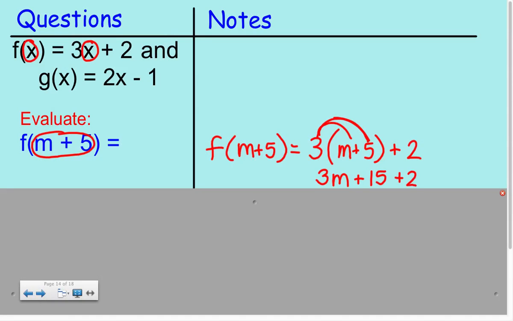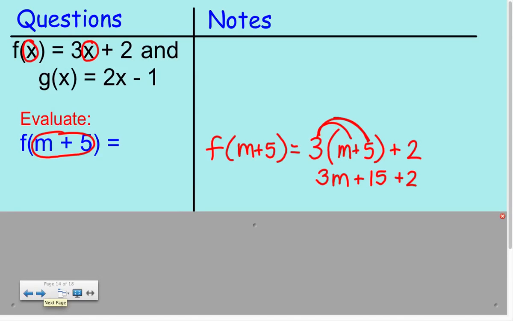Now we're not done. We have one more step. There are 2 things we can combine in this problem. The 15 and the 2 are like terms. The 3m has to stay by itself because it has an m next to it. So 3m, and then if I combine 15 and 2, I get 17.